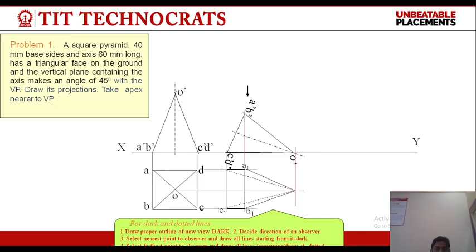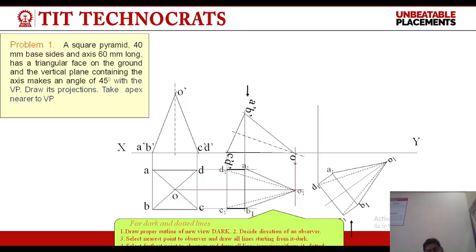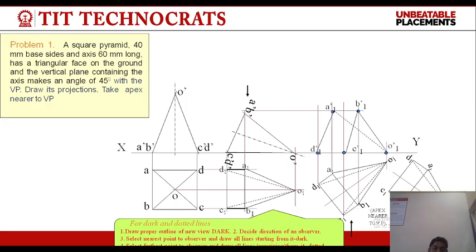This is the square pyramid first, and this is the projection of this square pyramid, and then we start the projection by joining all these lines to each other.